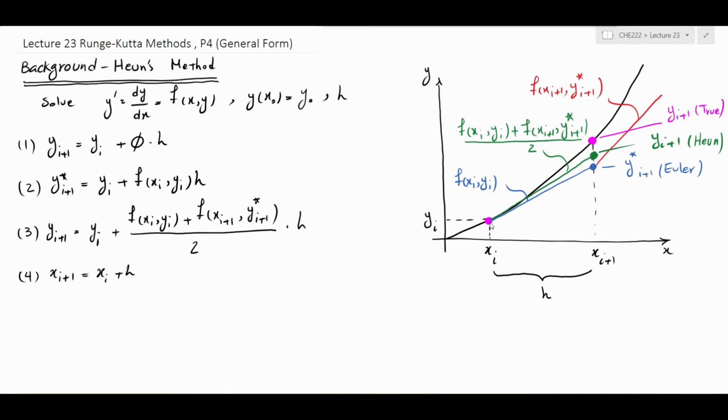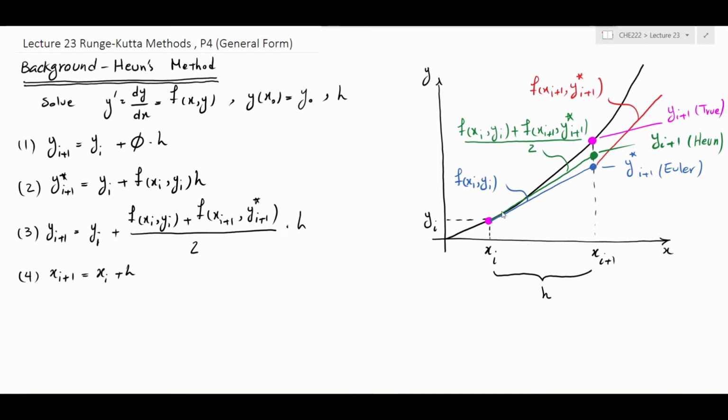Then with the slope at the beginning of the interval, which is the slope of the blue line, f of xi and yi, and the slope at the end of the interval, which is the slope of the red line, f of xi plus 1 and yi plus 1 asterisk, we calculate the average of the two, which is this green fraction.